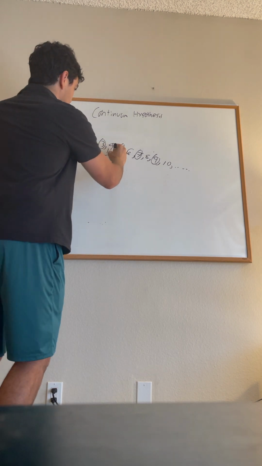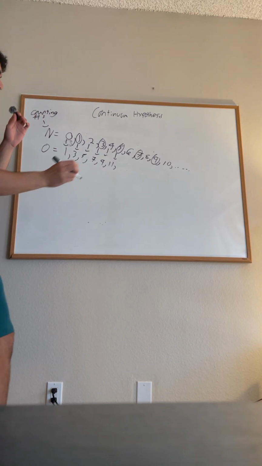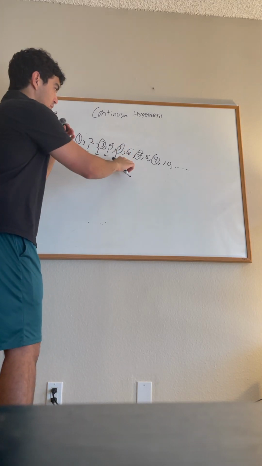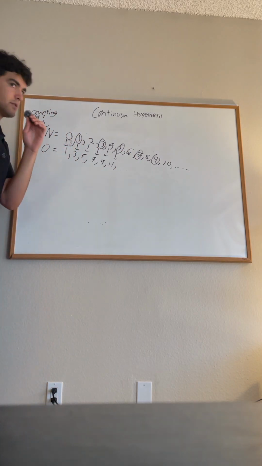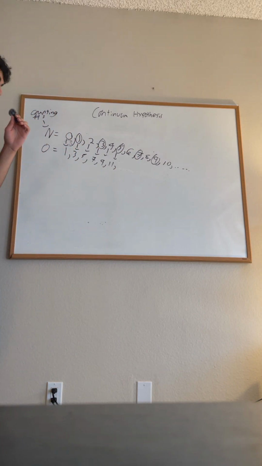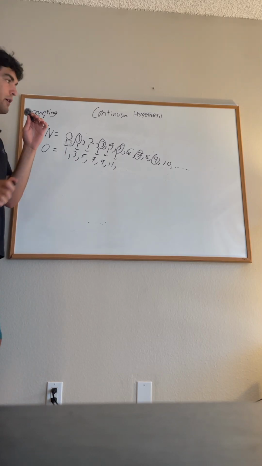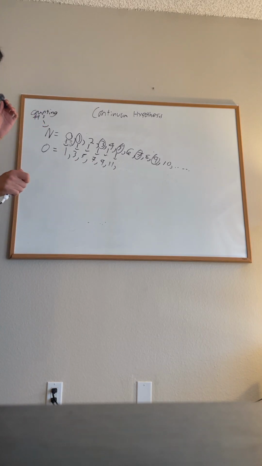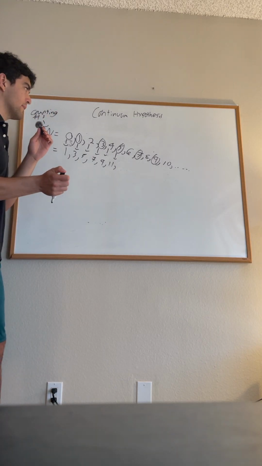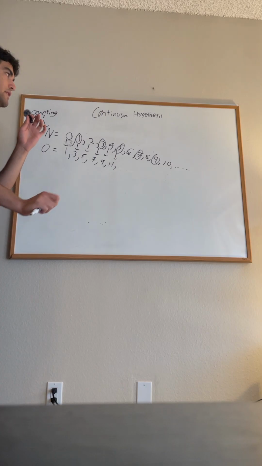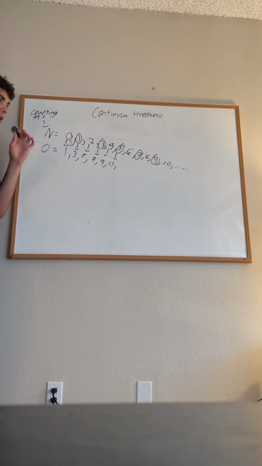We can just go down the line, and we're never going to run out of elements from the natural numbers that we can map to our odd numbers, because they're both infinite. So these are actually the same cardinality. So they're the same size, you can think of it like that. But we have to be careful with our definition of size here, because size and cardinality are a little bit different.